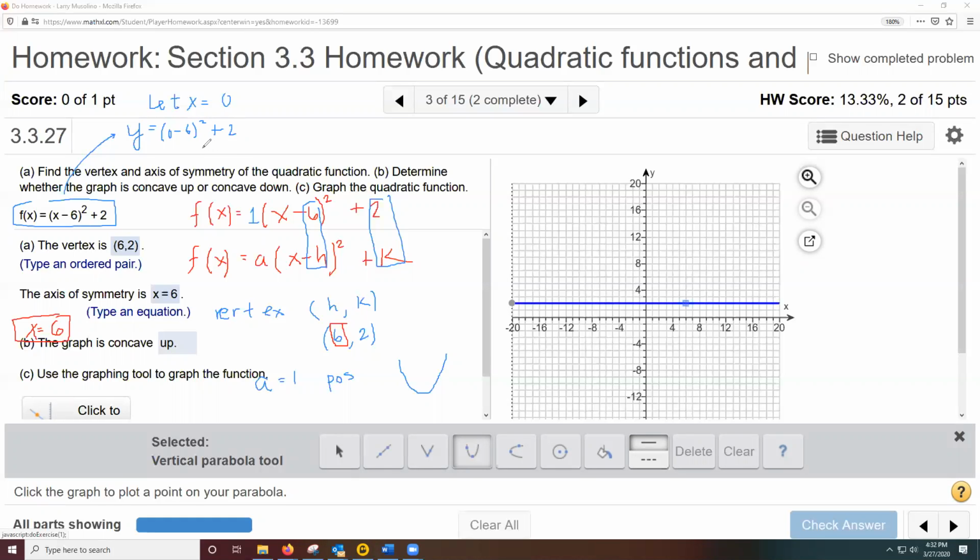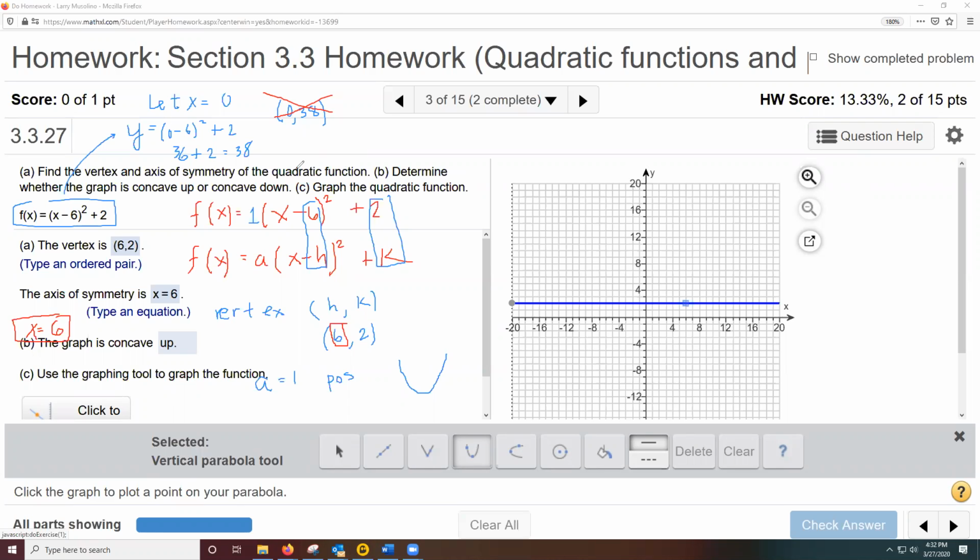Inside the parentheses, that's negative 6 squared, which is 36. 36 plus 2 is 38. So the y-intercept here is 0, 38. But I really can't use this for this example because there's no way I can plot a y value of 38. So this is not going to work for me. It is a valid y-intercept and a valid point on the graph. It's just that for my graph, the y-axis is only going up to 20, so I really can't plot this. So let me pick a different x value.